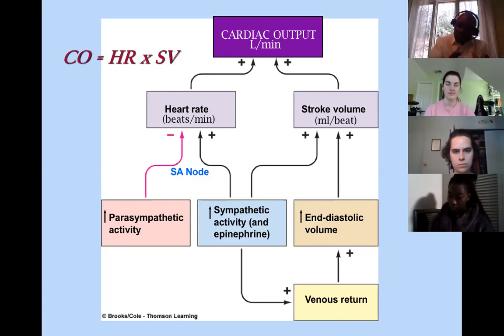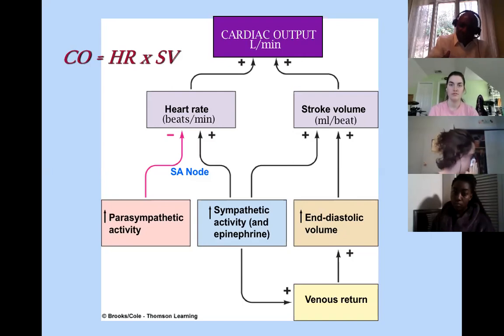The volume that causes the stretch on the cardiac muscles, okay? Right at the end, the pressure that's exerted on the left ventricle before the cardiac muscles contract. So that's the end diastolic volume.